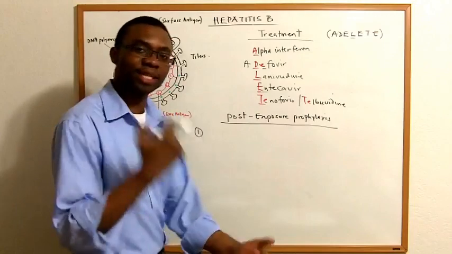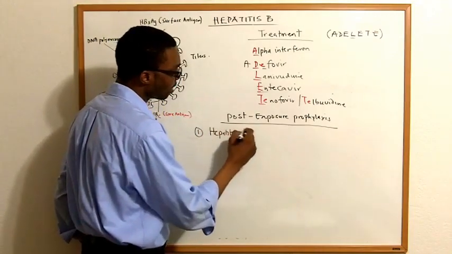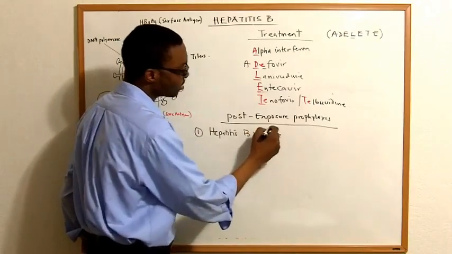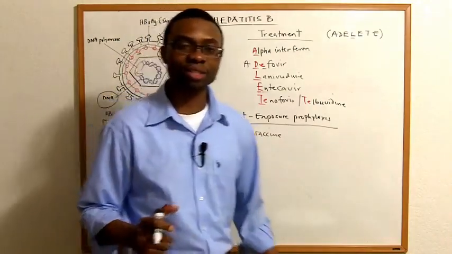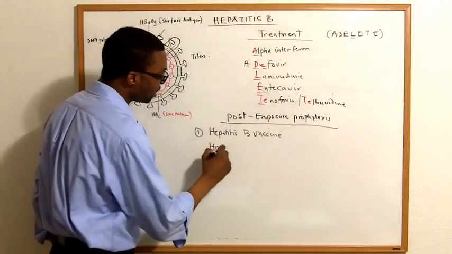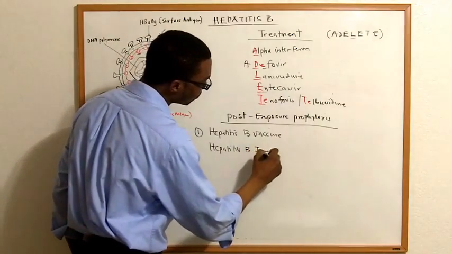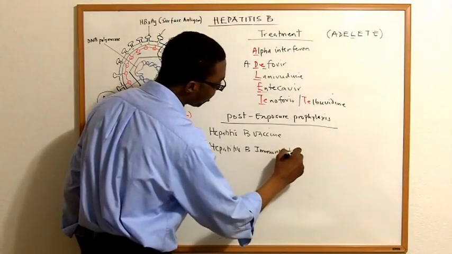If somebody gets exposed, they get a needle, they get the hepatitis B vaccine, so they can make antibodies against the virus, and they need to get the hepatitis B immunoglobulin.